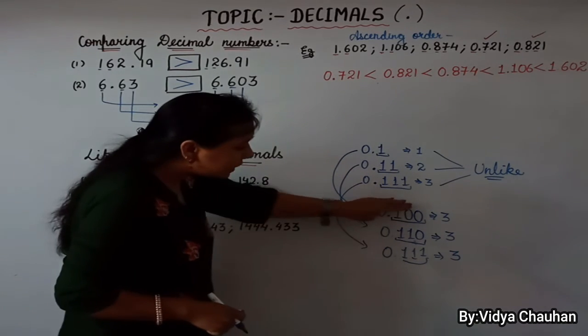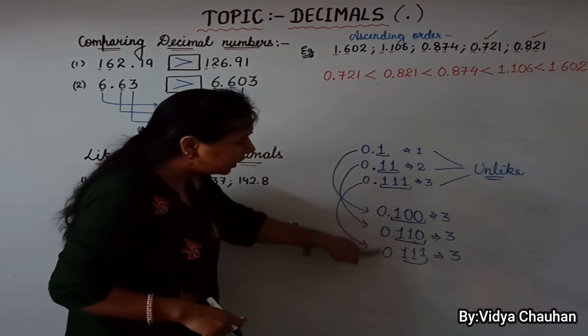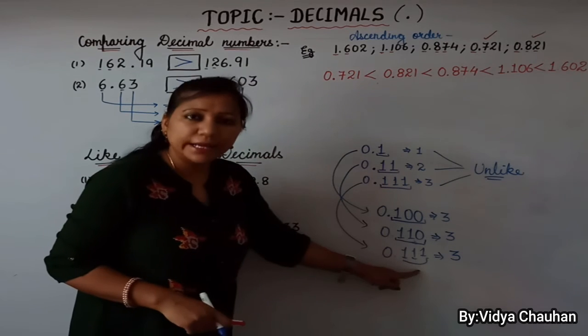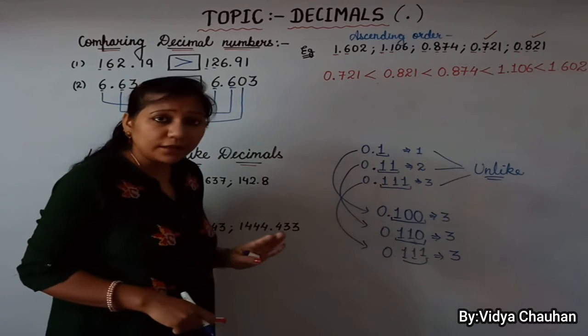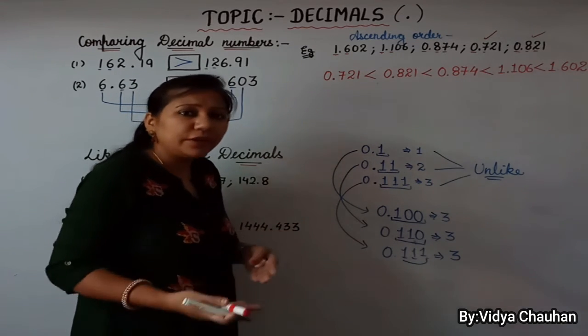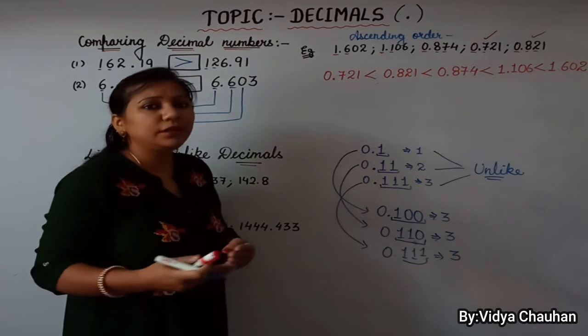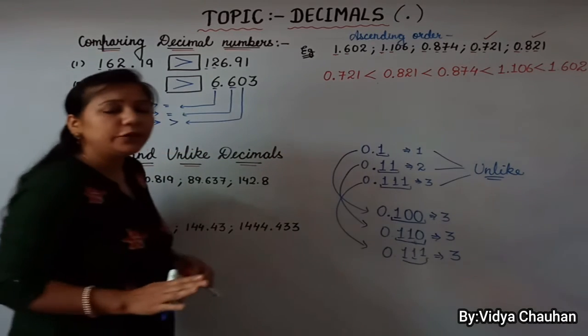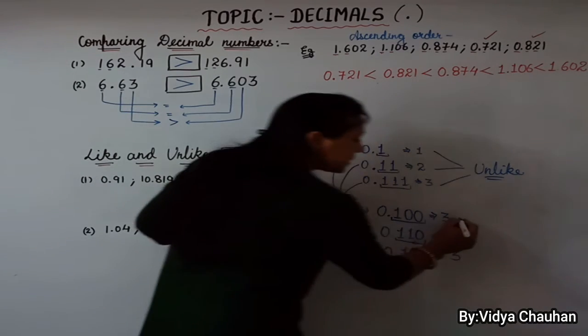So now as you can see, all these 3 decimal numbers have 3 decimal place values. That means after the decimal 3 digits are there. It may be 111, it may be 222 or 333. So now these 3 numbers are said to be like decimals.